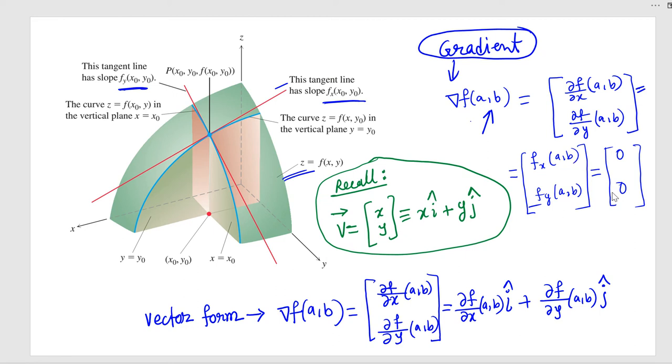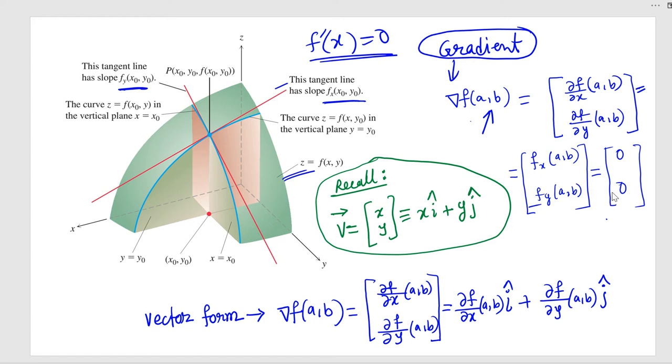Now, if you remember, for the single variable case, if you want to find the stationary point, we make f'(x0) equal to 0. But here, if you want to find the minimum point, then we have to make the gradient 0. If we can get it, then we can say that this (a, b) is a stationary point.